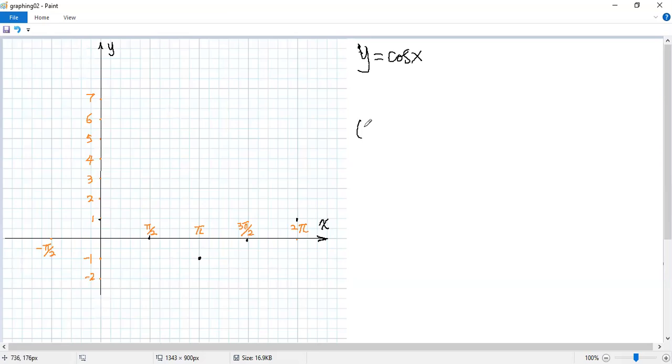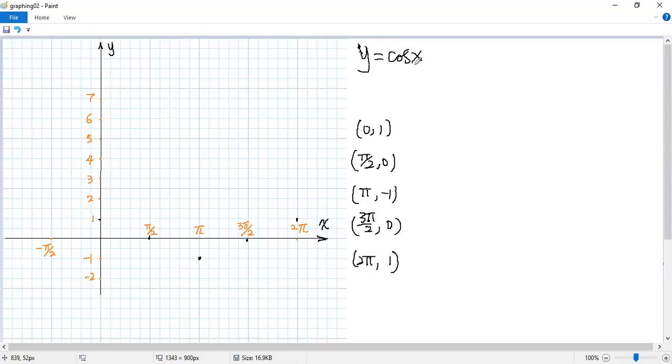So 0, 1, half pi, 0, pi, -1, 3 pi over 2, 0, finally 2 pi, 1.